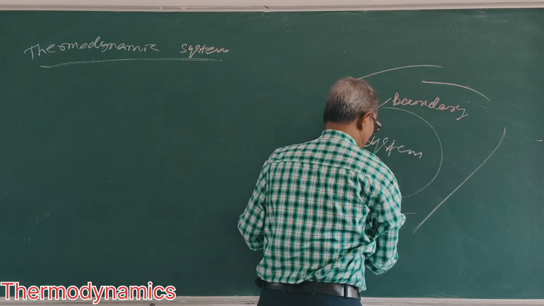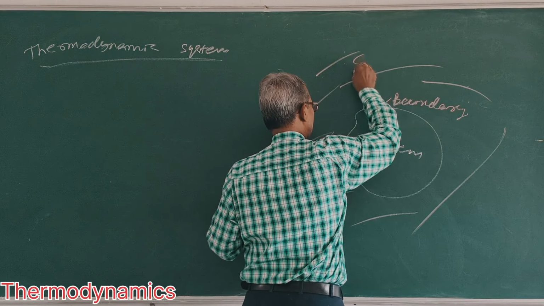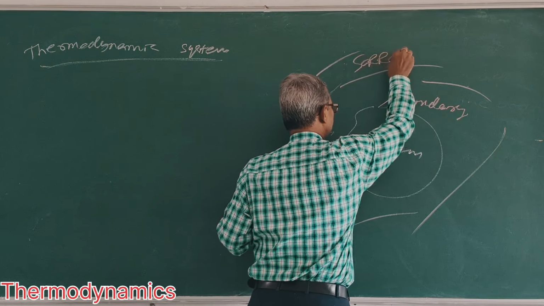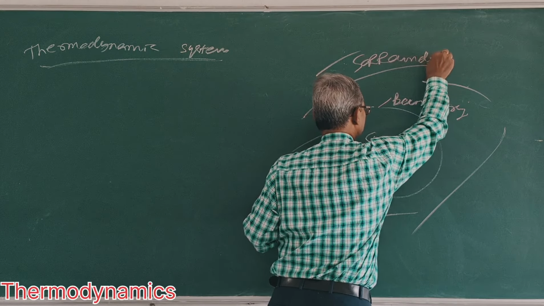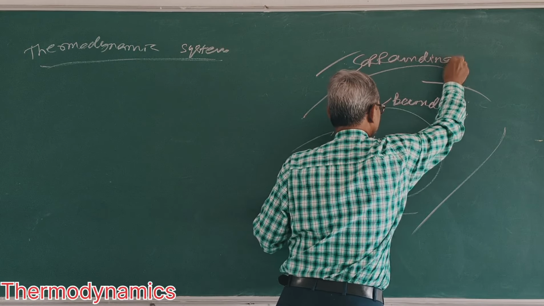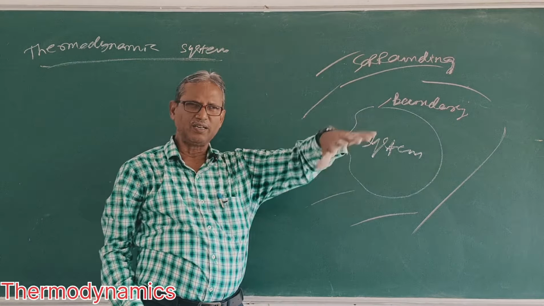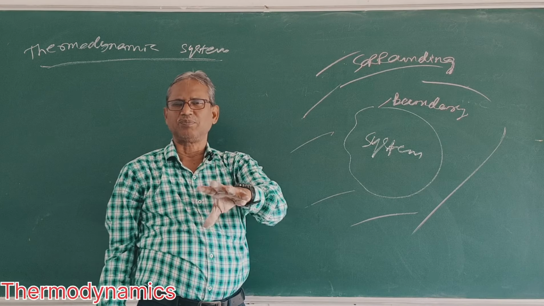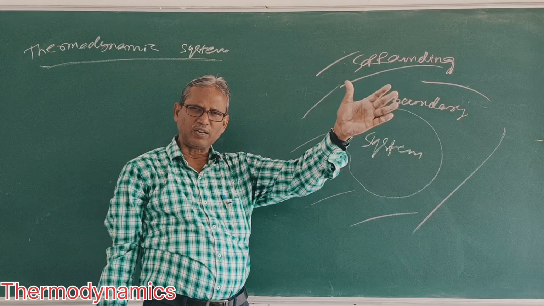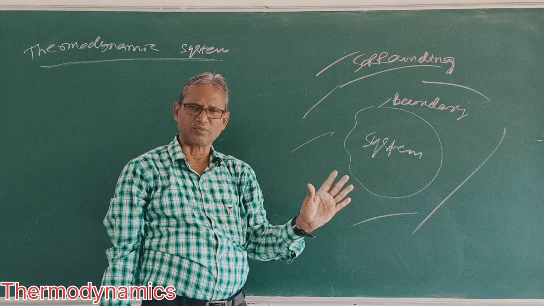The outside of the boundary is called the surrounding. Clear? So, inside the boundary, everything is called system. Outside the boundary is called surrounding.